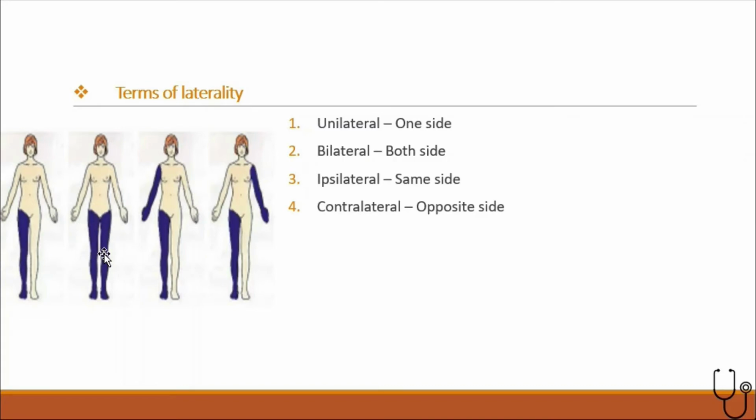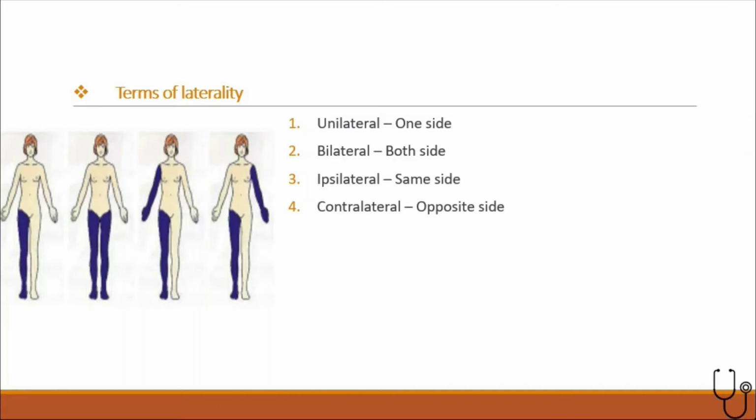Ipsilateral means on the same side. You can see in this image the upper limb and lower limb on the same side. Then contralateral means the opposite side. The lower limb and upper limb are on opposite sides. So those are the terms of laterality.